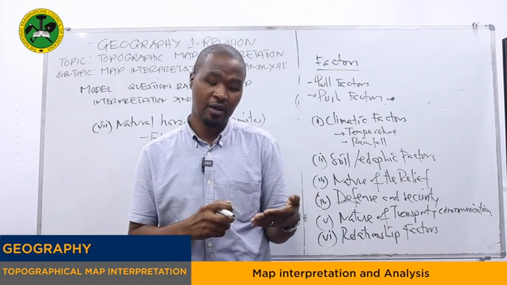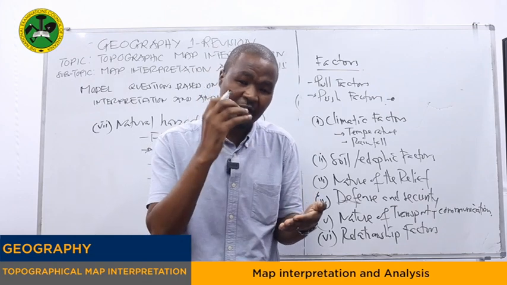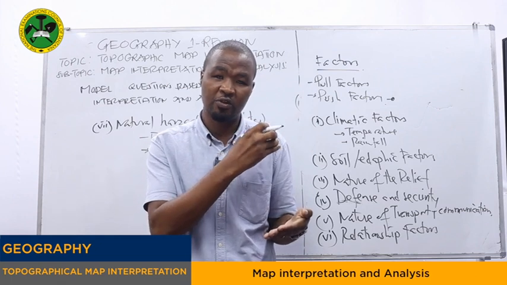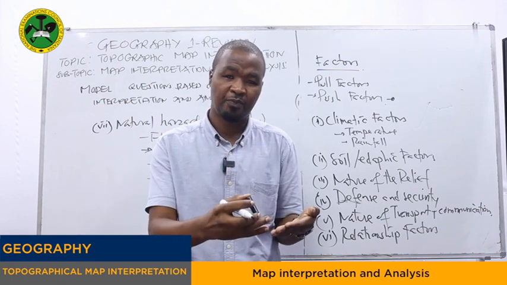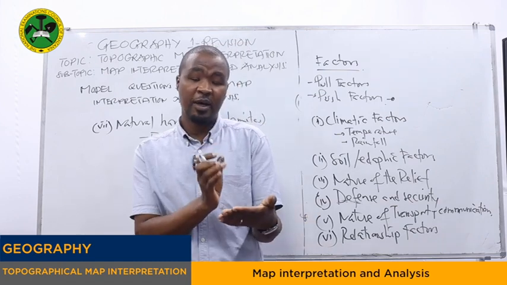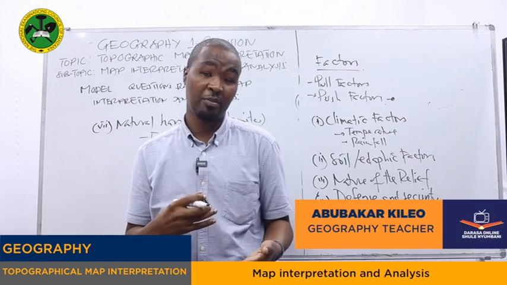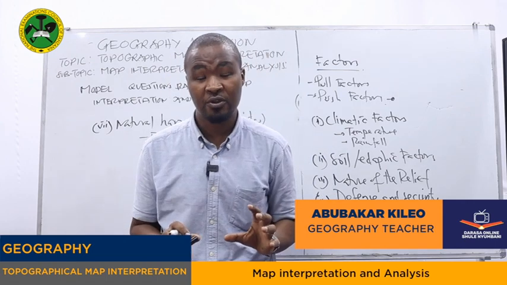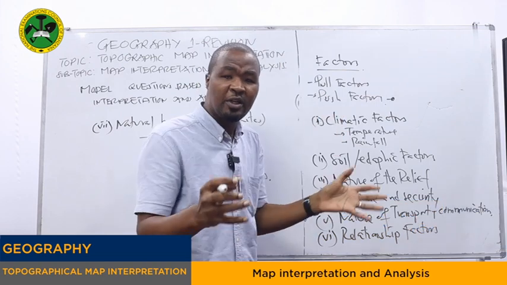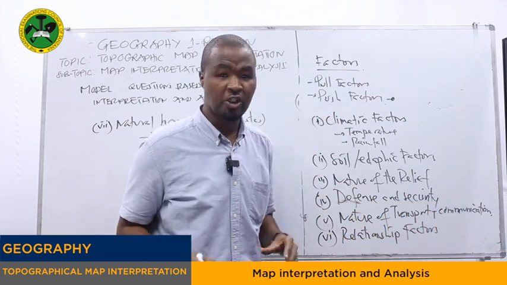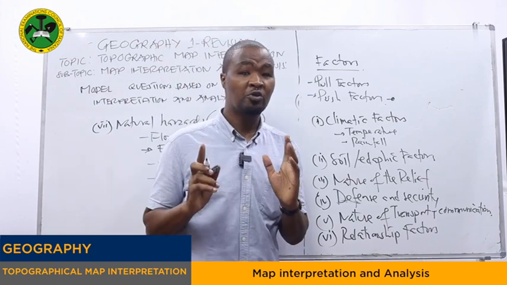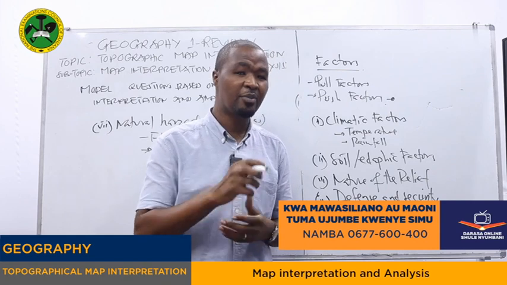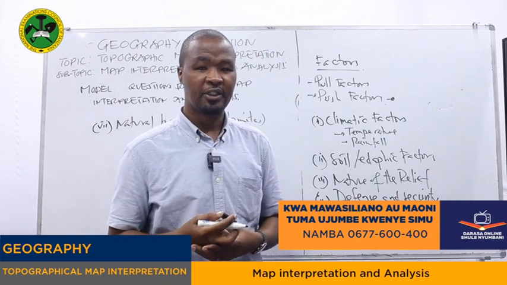You have to show, maybe, the eastern part of my map, in a question related to soil: we have this type of soil because of 1, 2, 3. Or the northeastern part of my map, where we have volcanic soil due to the presence of highland areas with steep slopes. Maybe the central part of my map, we have this type of vegetation. So it is very important to cite or show the reference when answering this kind of question, especially in map reading and interpretation.